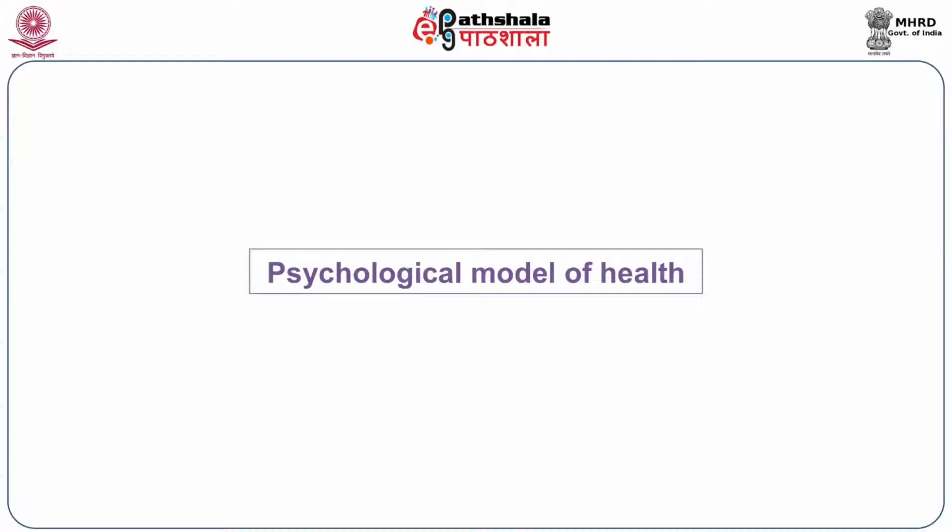The psychological model questions this biomedical approach to health, and talks about the individual as important. It is not simply in terms of one particular organ within a body, but what you need to understand is the individual. This individual person has emotions, feelings, anxiety.